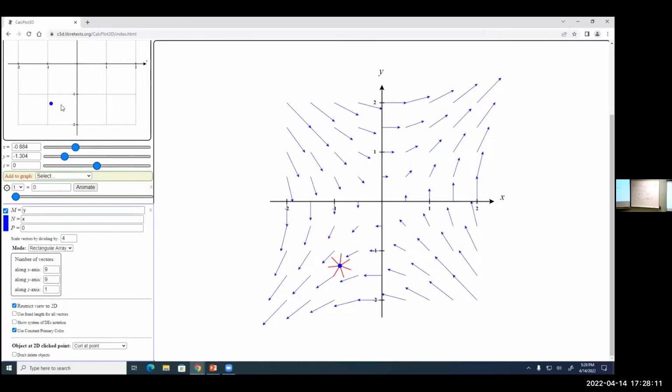Okay. So just to wrap up, here's the big things I want to take away from today, right? Curl is basically a rate of rotation. Like how quickly is this thing rotating at a single point? Divergence is the tendency to act as a source or sink at a single point. We need to be able to calculate them in 2D and 3D. We have formulas for that.